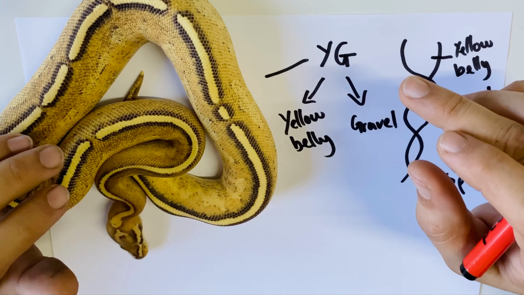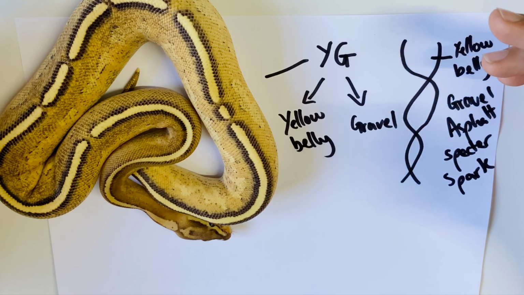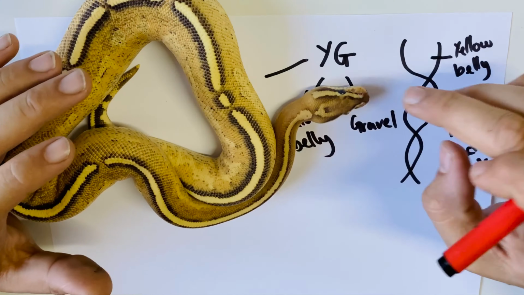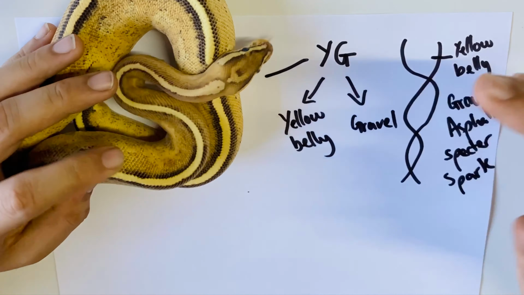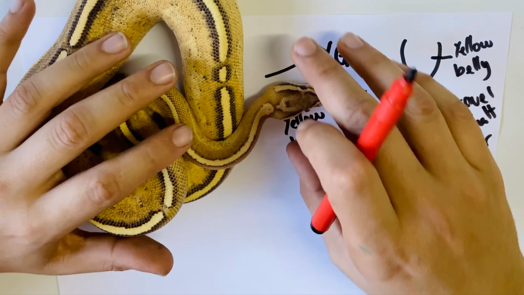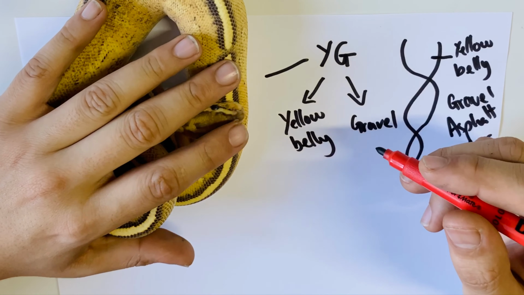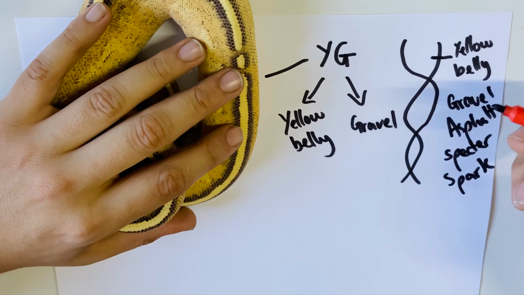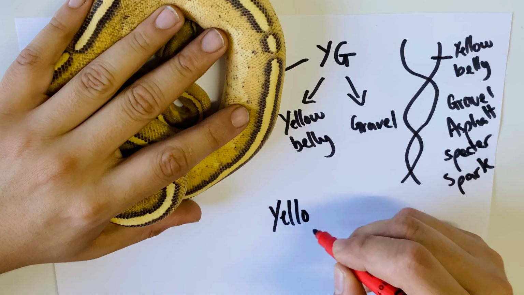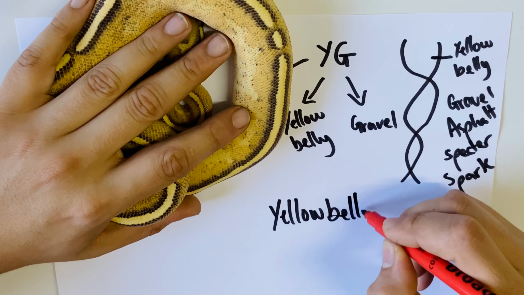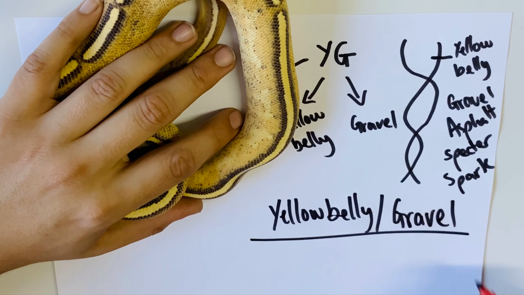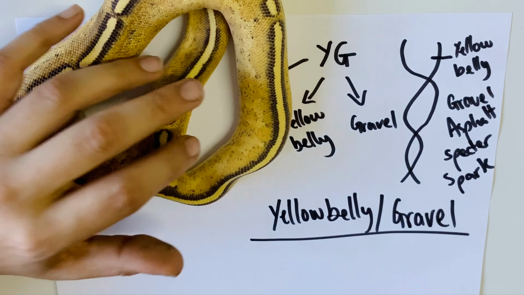So you can't identify from a normal yellow belly looking animal whether it is a yellow belly or a gravel or an asphalt or a spectre or a spark, for example, which is why quite commonly you will see animals for sale that say yellow belly / gravel. Okay, and this here is because there is no way to determine.